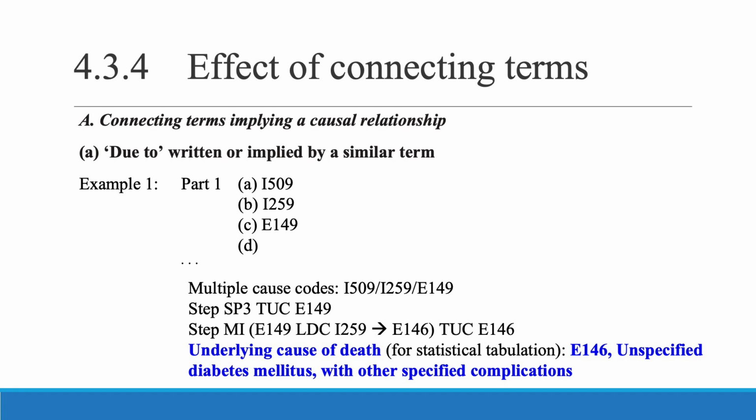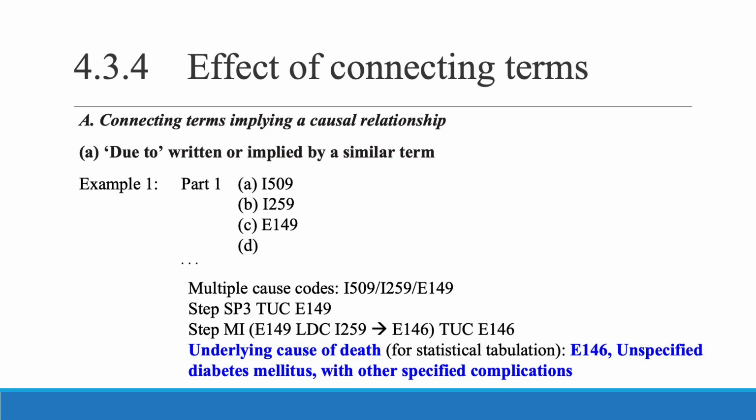So if you look at the slide, the codes are placed on lines A, B, and C in Part 1, respecting the opinion of the certifier, and we apply the selection step SP3 to get a tentative underlying cause of E149 as entered on the lowest used line of Part 1.